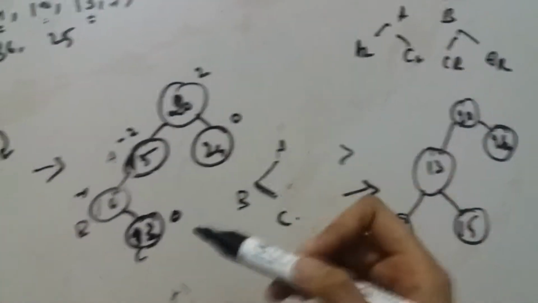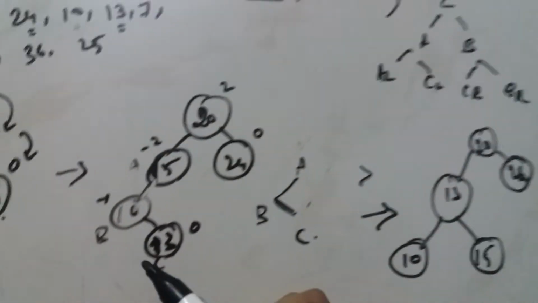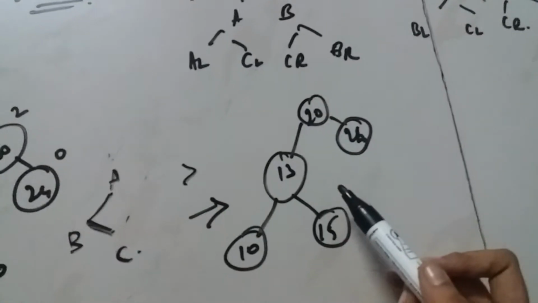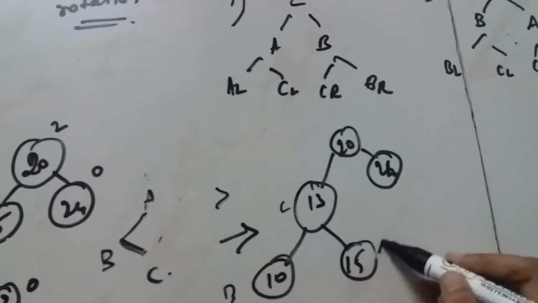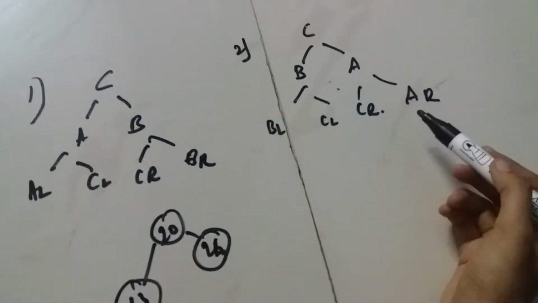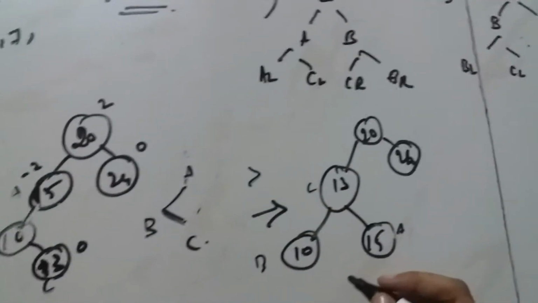After applying the formula CBA to this step, the resultant tree will be like this, C, B and A. There is no left and right.